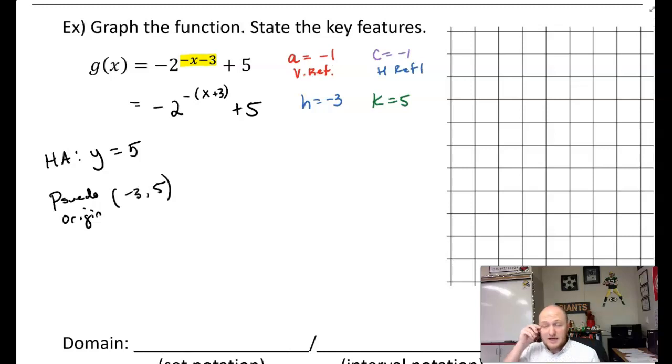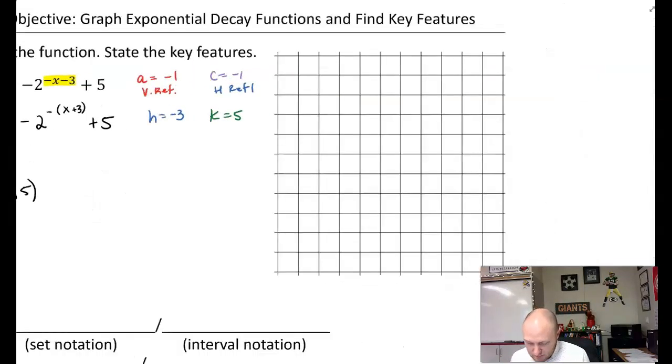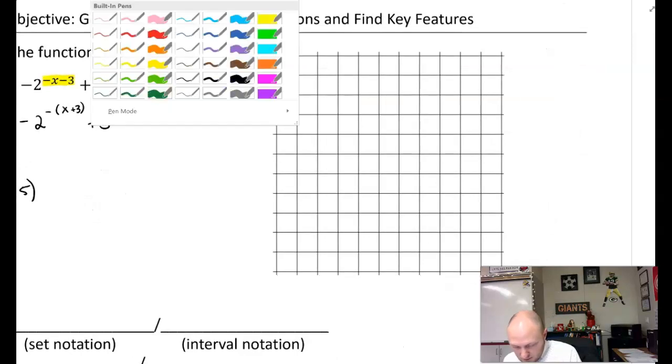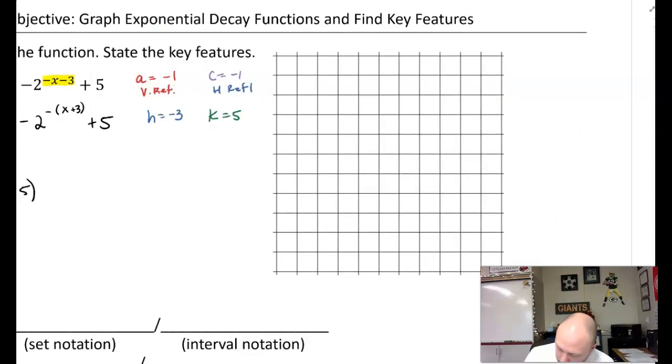So that's going to make setting up our axes rather interesting. We're also shifted up 5. So I'm going to put my asymptote up here. I'm plotting that first. If that's 5, then this is 4, this is 3, this is 2, this is 1, and then this line right here will be our axis. So here's our x-axis.